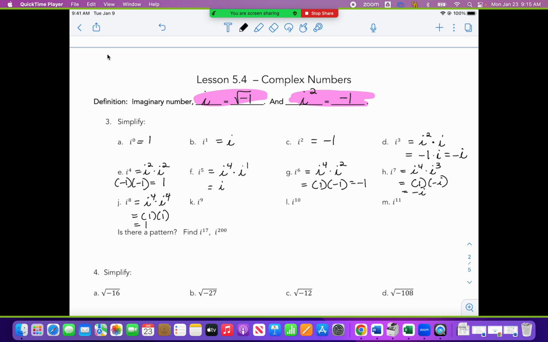What else do you notice? The odd exponents equal I or negative I. Good. Now I'm hoping for a more global pattern. Those are true patterns. What else is there? You got an idea, Mia?